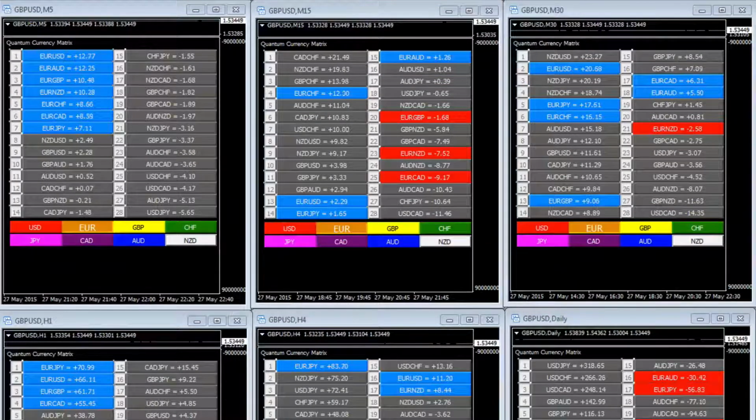We would be looking at a particular pair, but here we're looking at the broad flows and really what the sentiment is across the various time frames. So let's start with the faster time frames.